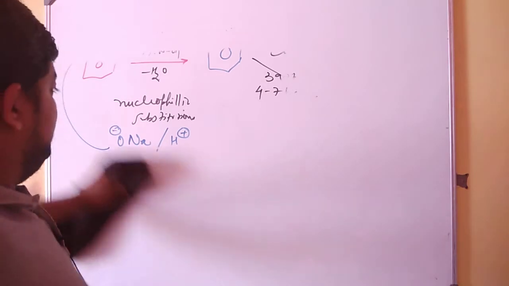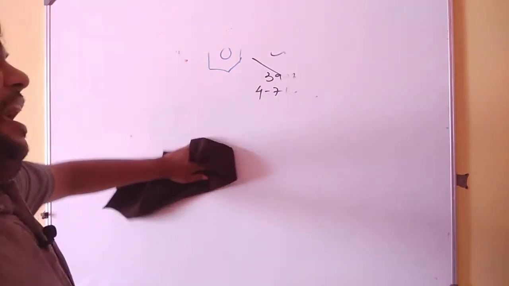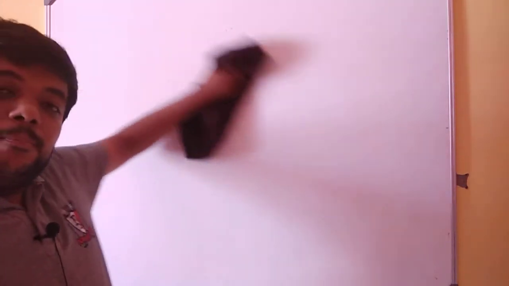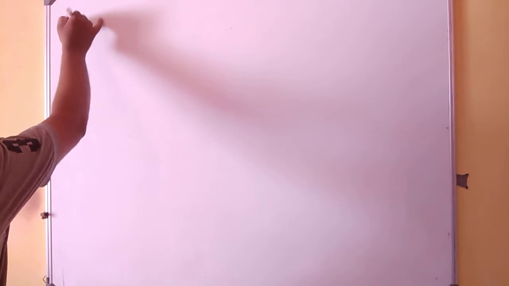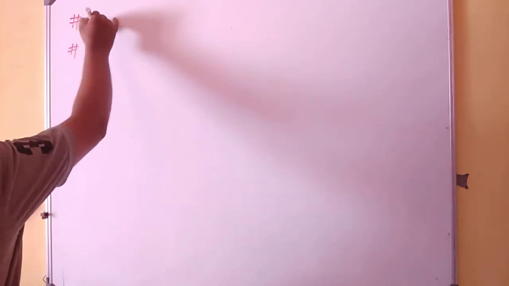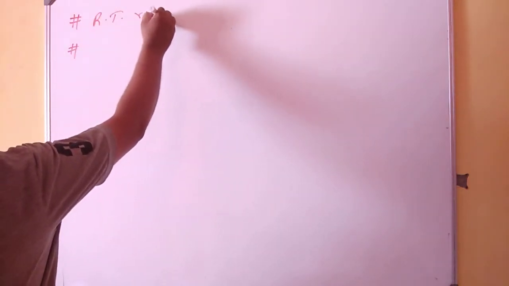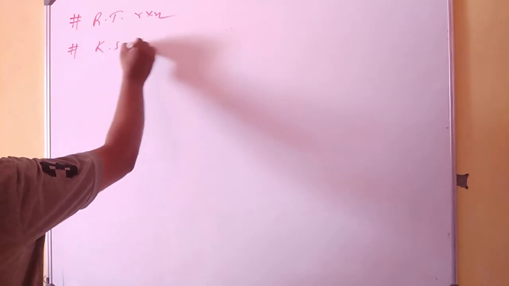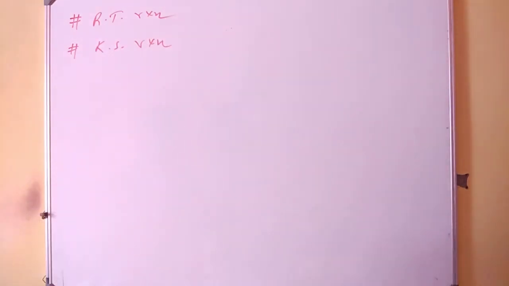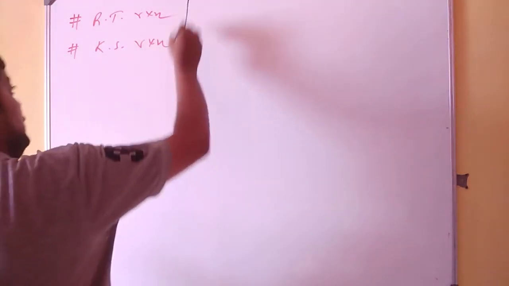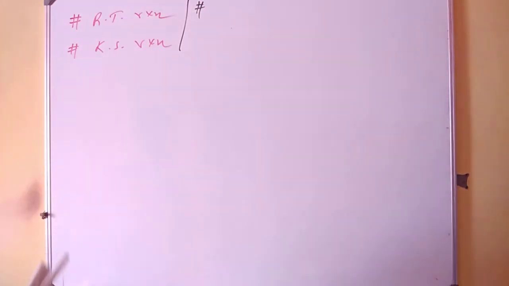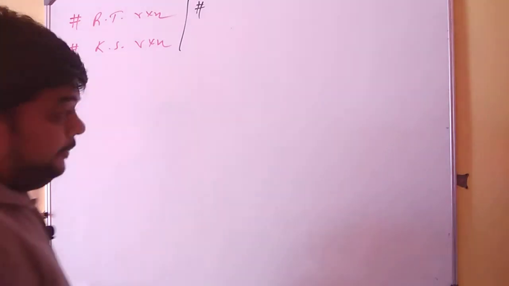This salicylic acid on acetylation gives a very popular product, aspirin, used as a drug. So friends, two very popular reactions, the Reimer-Tiemann reaction and the Kolbe-Schmitt reaction. Now we are moving toward another important reaction, a very simple but important one, that is oxidation of phenol.